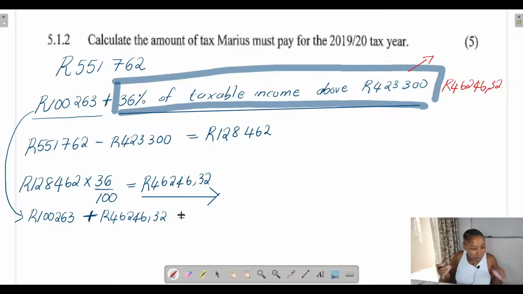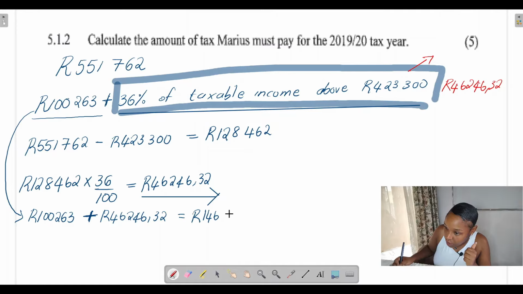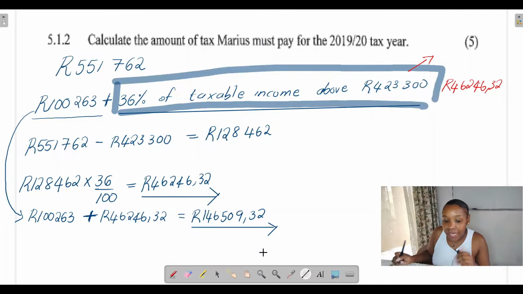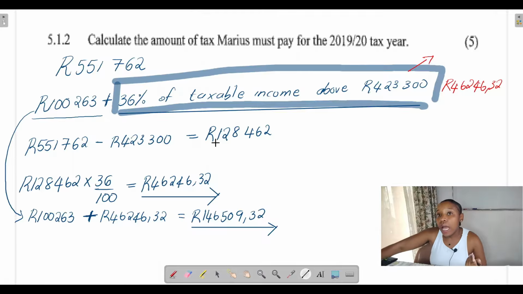Okay, so if you add that together, you will get 146,509.32, right? So that is basically the amount of tax that Mr. Marais will have to pay.